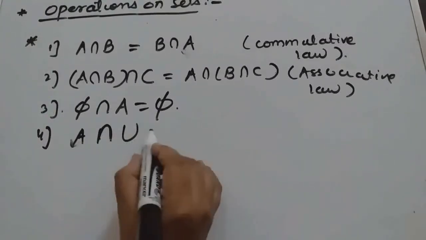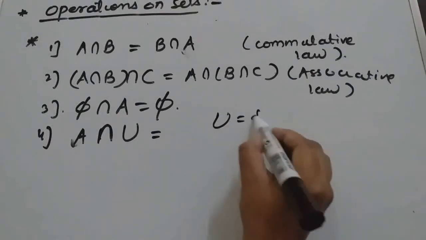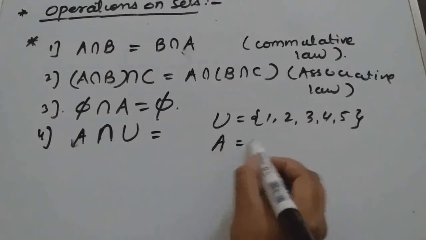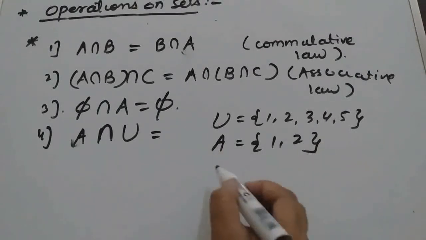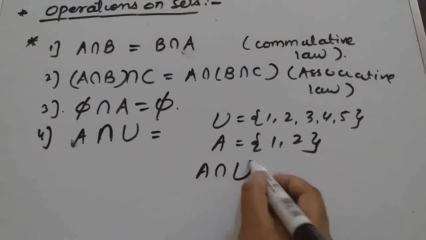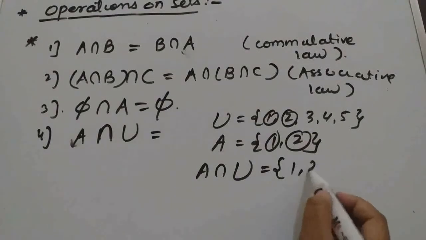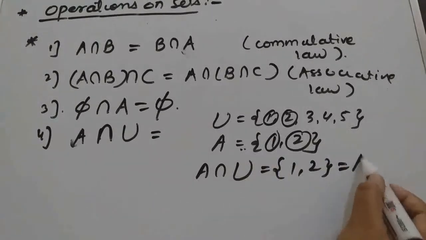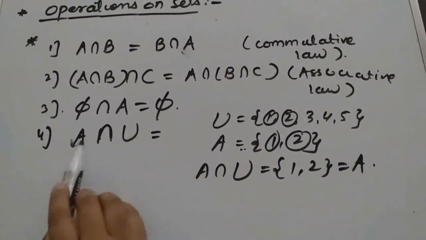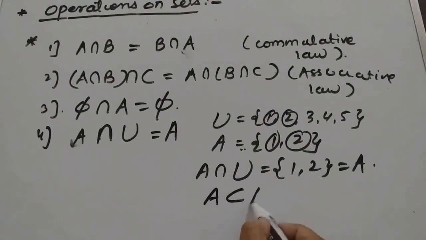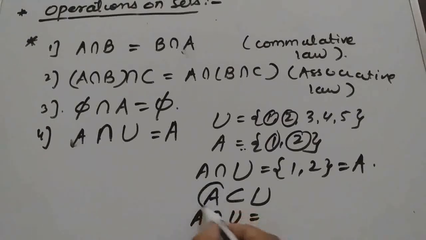Suppose U is 1, 2, 3, 4 and 5 and A is 1 and 2. So intersection will give only 1 and 2 common, which is nothing but the smaller set. So this will be A only. You should remember, when A is a subset of U, A intersection U will be the smaller set.